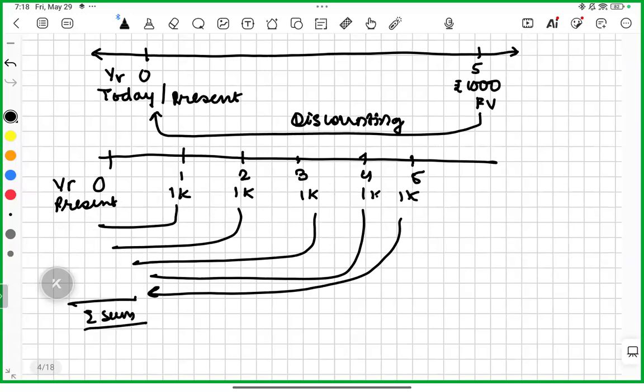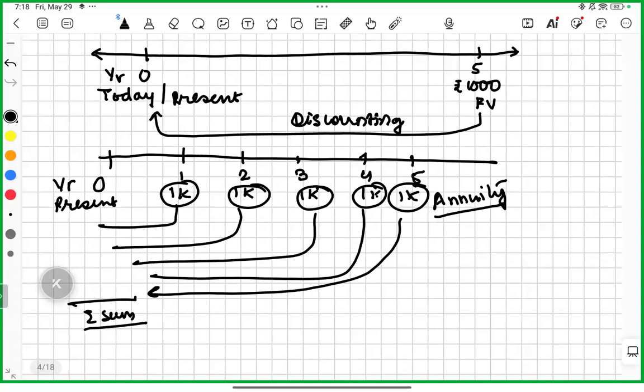So the sum of present values of all future values is the present value of an annuity. Since you are receiving 1000 rupees every year, this is an annuity. And this process of bringing future values to present is known as discounting or finding present value.